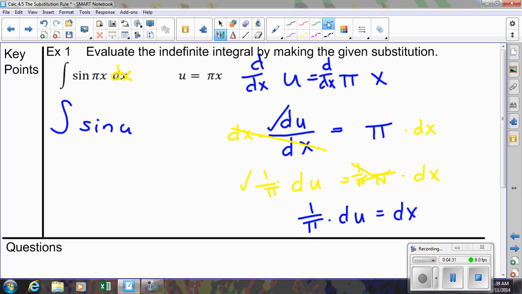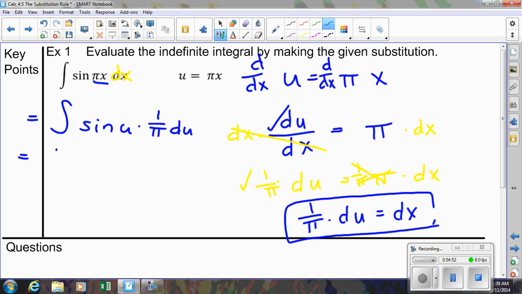Now we can make the substitution. We already substituted pi x is u, but now we know dx is 1 over pi du. That allows us to factor out the constant 1 over pi, and we are left with the integral of sine of u du.